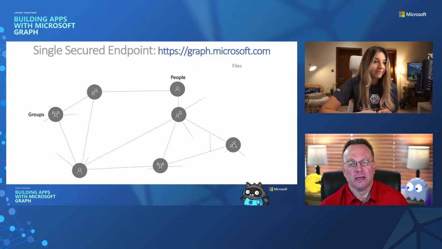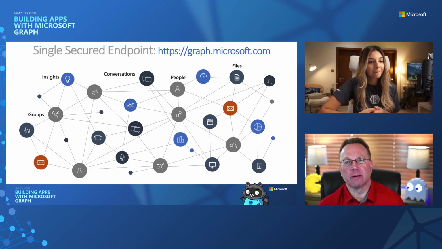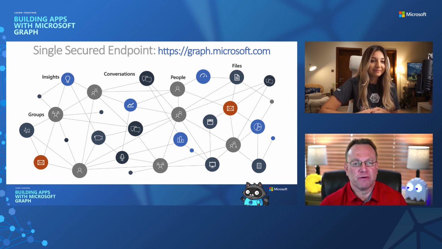Excellent. Okay. One of the problems, though, is we're kind of worried about, does my development team have to learn this API and this API and this API? Or you did mention earlier that it's kind of a unified API. So if we want to get to all this data, how's that going to work there? That's a great question. That's where Graph's power shines due to single secured endpoint.